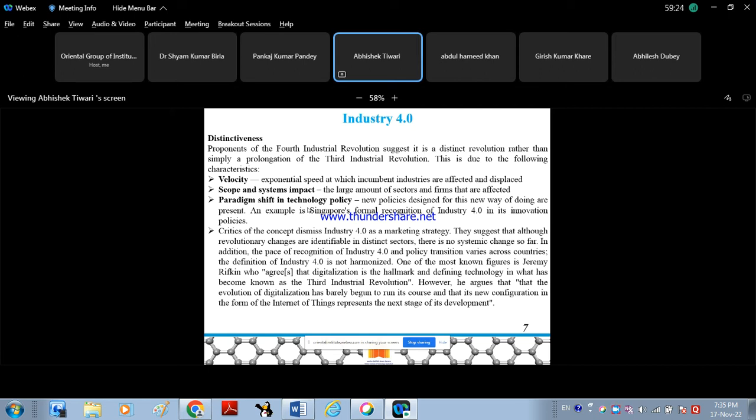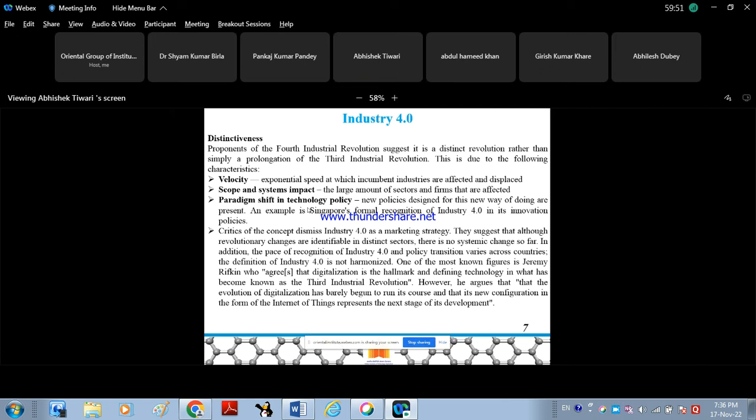And critics of the concept dismiss Industry 4.0 as a marketing strategy. They suggest that although revolutionary changes are identifiable in distinct sectors, there is no systematic change so far. In addition, the pace of recognition of Industry 4.0 and policy transition varies across countries, and the definition of Industry 4.0 is not harmonized.